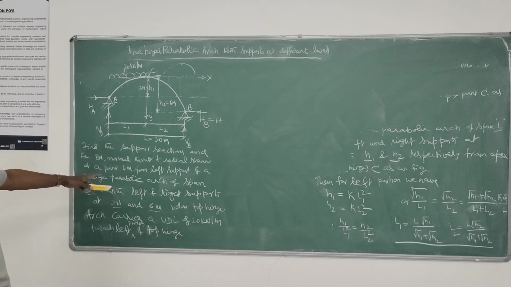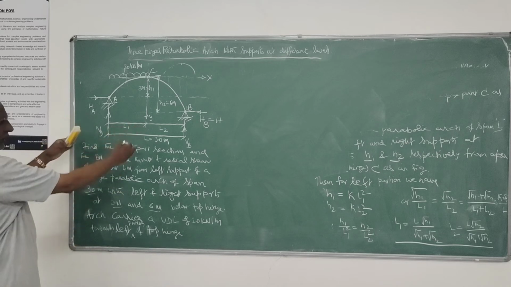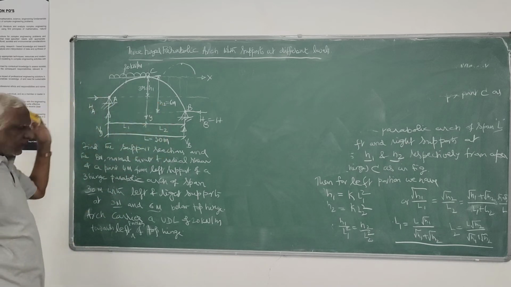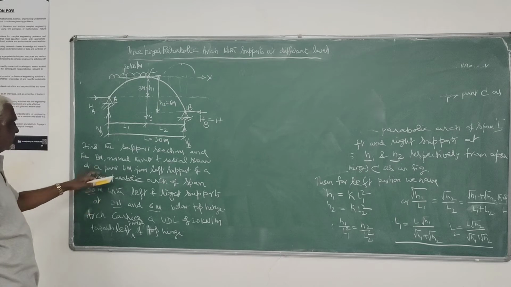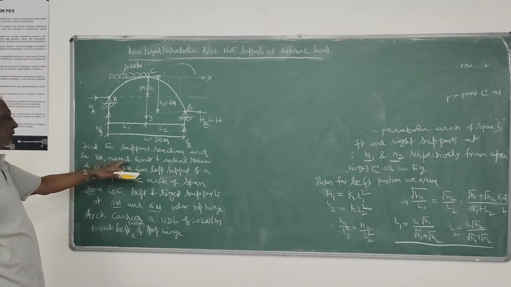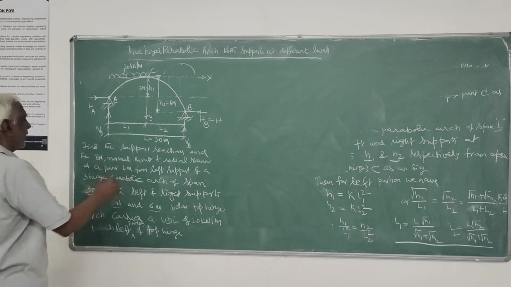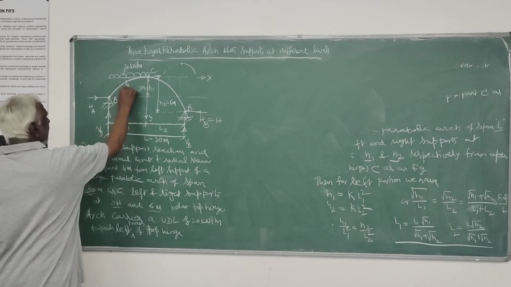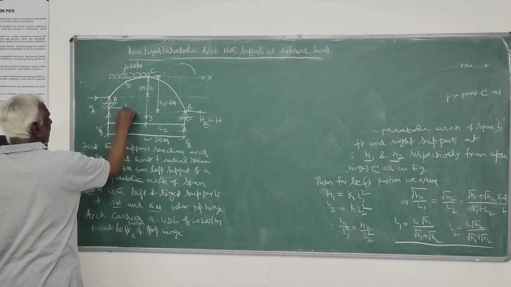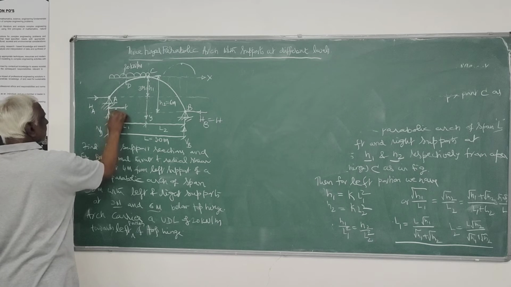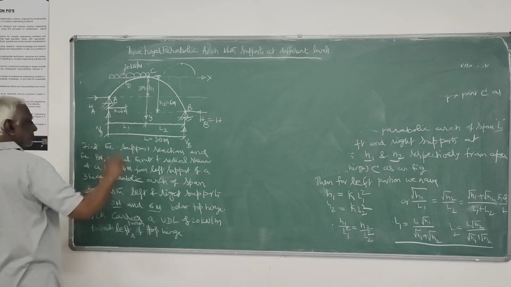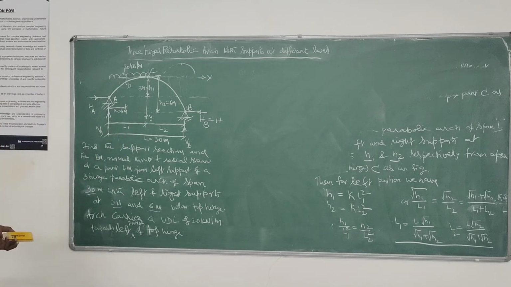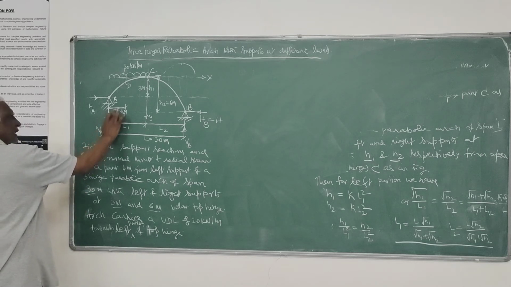So you have to find the support reactions VA, VB and HA, HB, as well as the bending moment, normal thrust and radial shear at a point 4 meters from the left, at x equals 4 meters.